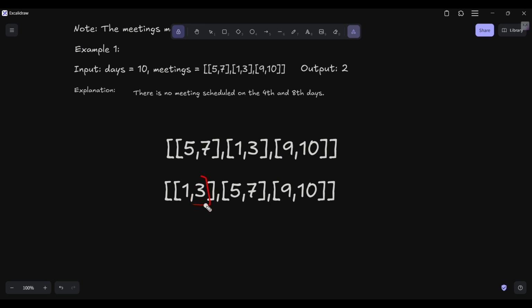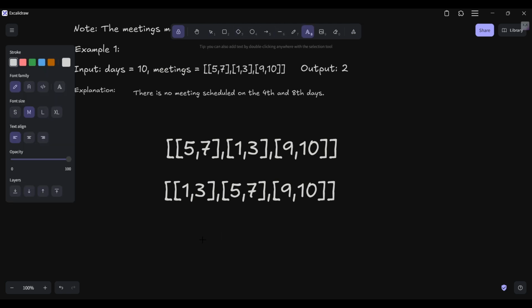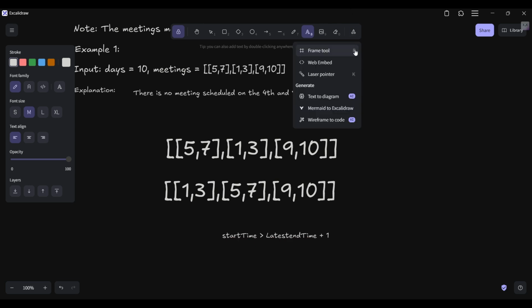If the meeting's end time, like here it is 3, and this second meeting's start time is greater than it, that is, if I write the condition: start time is greater than the latest end time that we have seen, plus 1, because the number will be updated, obviously.